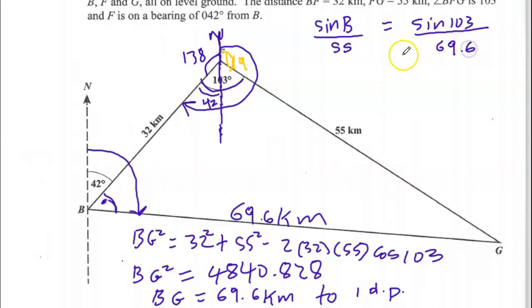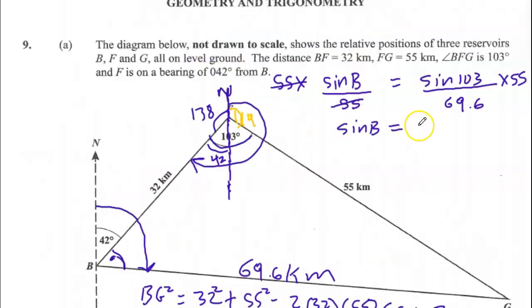And for us to get angle B, we need to find sine B first. So we can times both sides by 55. So 55 times the left and 55 times the right, which means that sine B is equal to 0.77. And you can use second function or shift and inverse. B would be equal to 50 degrees.